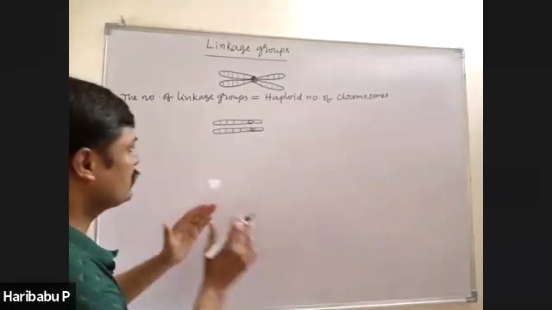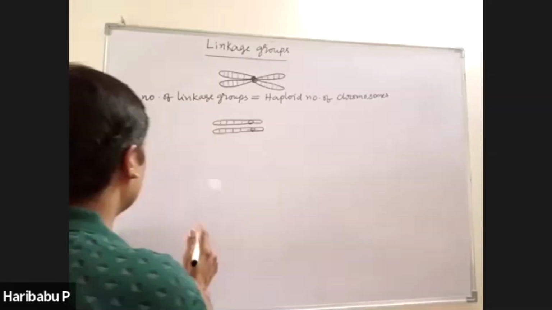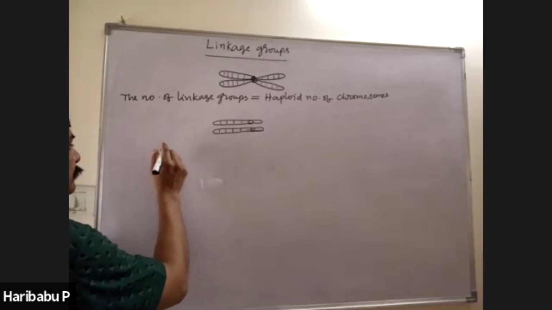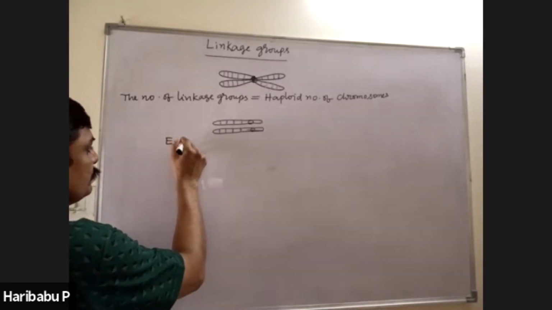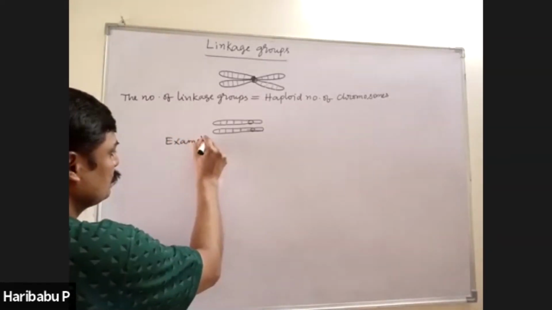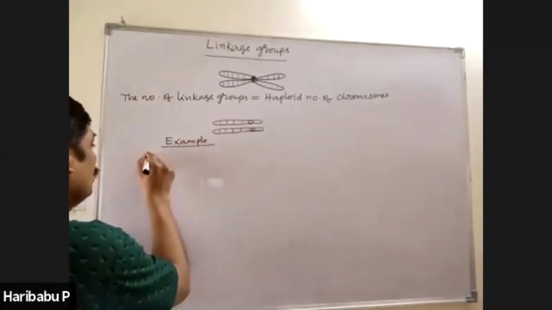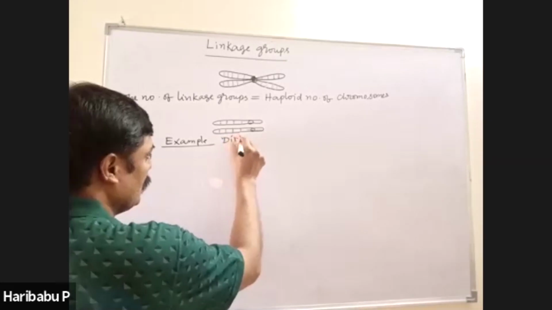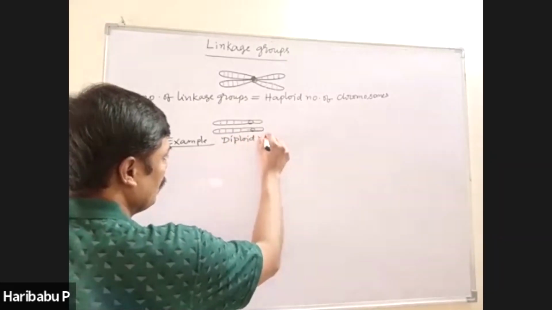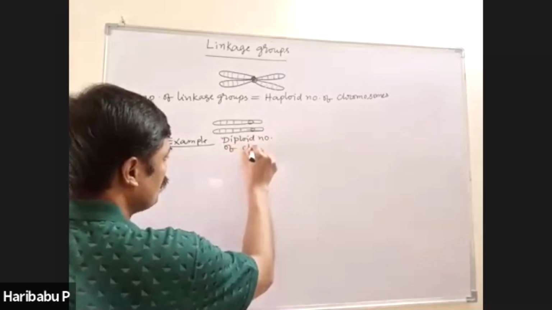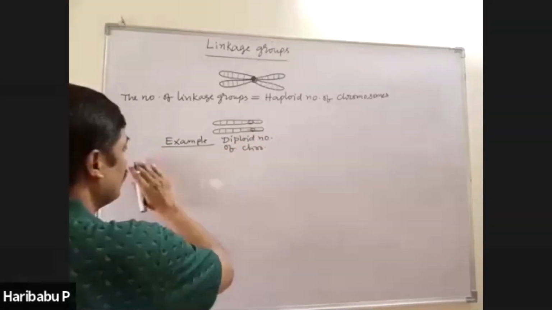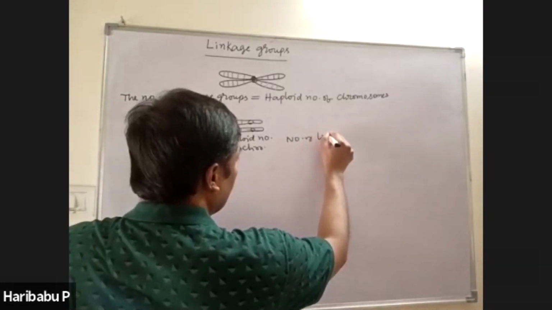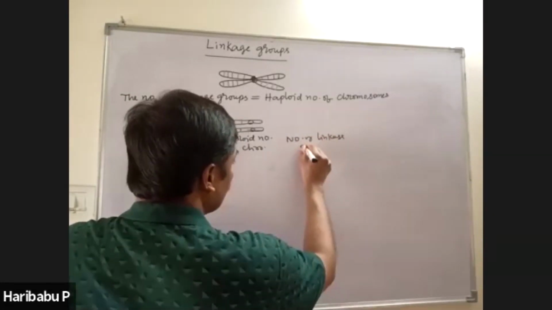Let us see some examples in case of plants. Diploid number of chromosomes and number of linkage groups.